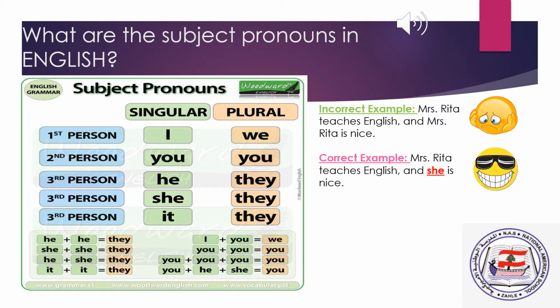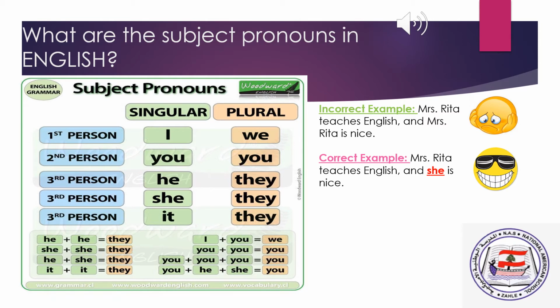I have listed a couple of examples for you. The first example is incorrect. Therefore, you cannot state the sentence this way. Miss Rita teaches English and Miss Rita is nice. This sentence is incorrect grammatically because we repetitively said Miss Rita.